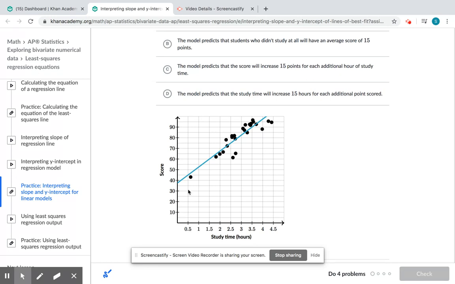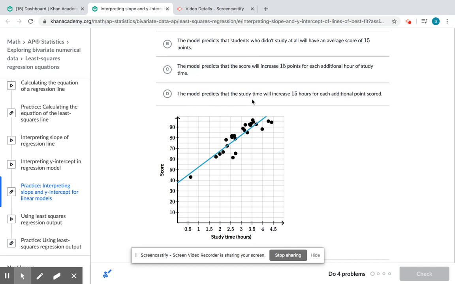Right, so for each additional hour, from here to here, he went from 40 to about 55. That's 15 points. From 1 to 2, so 55 to about 65. That was like 10 points. All right, so it looks like that could be the answer.